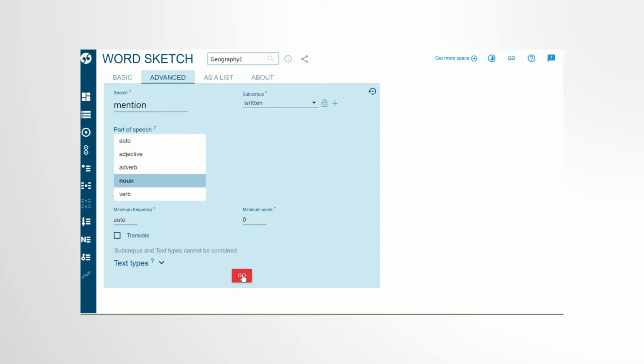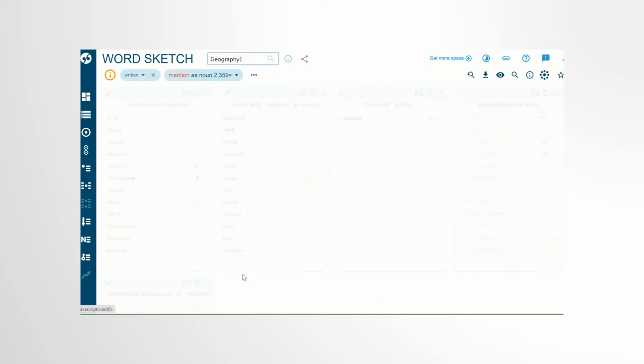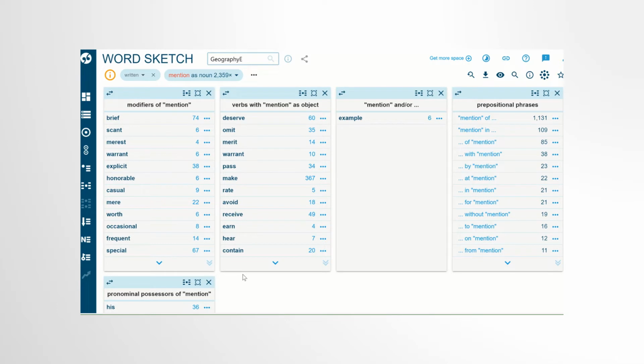So here we go. And as you can see, word sketch gives us a very clear overview of the collocational environment of mention.